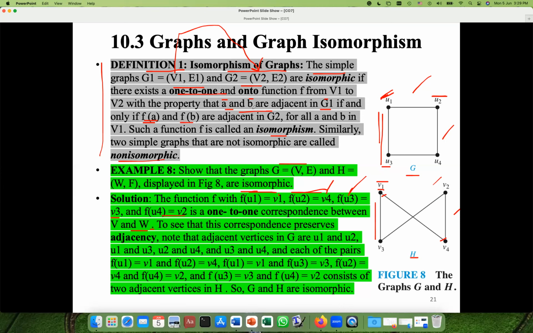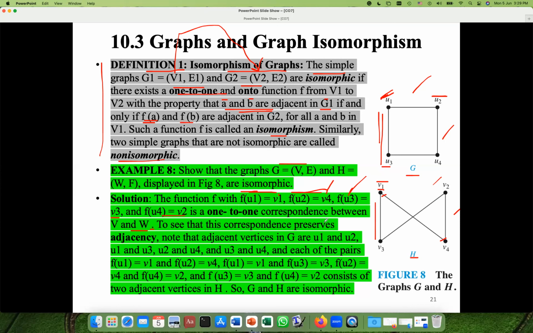But there is some other condition. Adjacency is not checked yet. You have to take some pair in graph 1. If they are adjacent to each other, they must be adjacent in G2 also. So that is some kind of similarity you have to find.